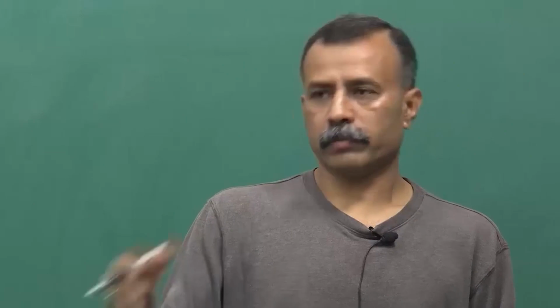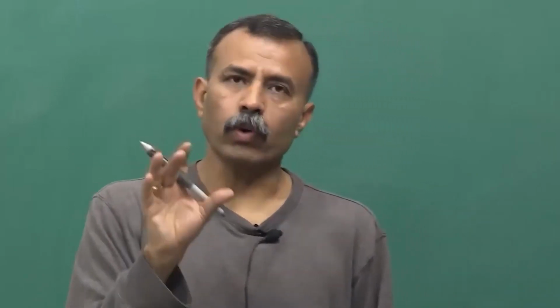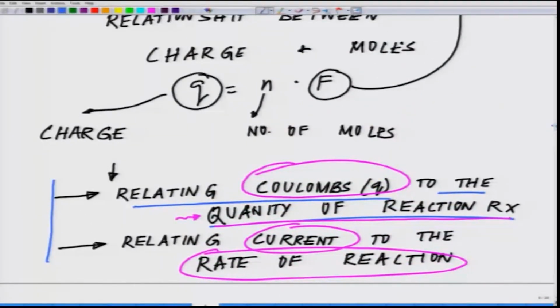And if you multiply Faraday's constant with the number of moles, you get the quantity of charge. This is where we ended the last class: this is the amount of charge, this is the number of moles n, and this is the Faraday's constant.